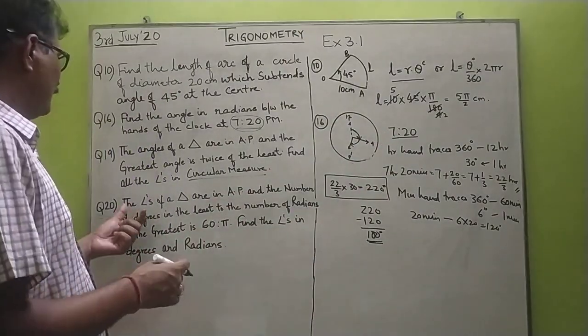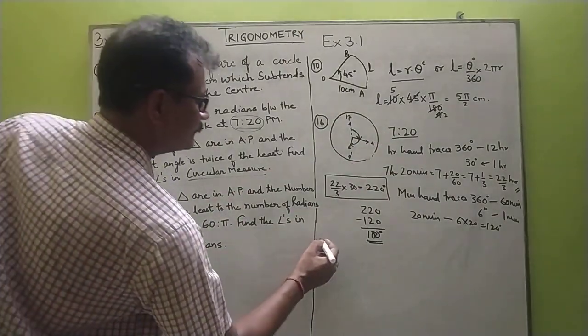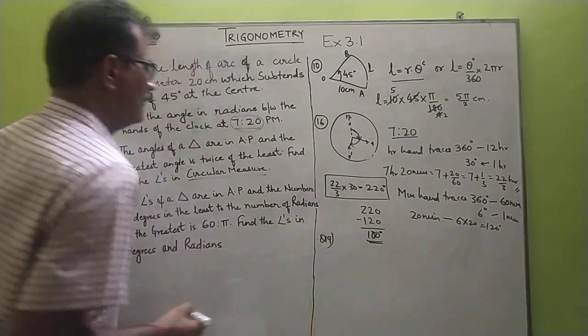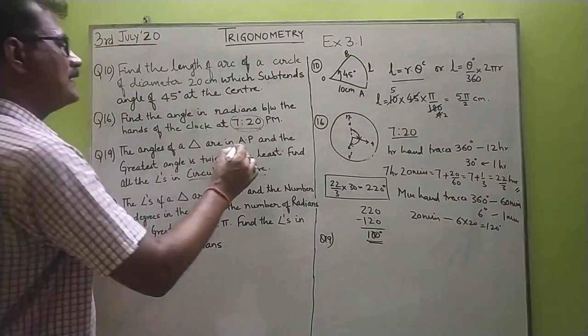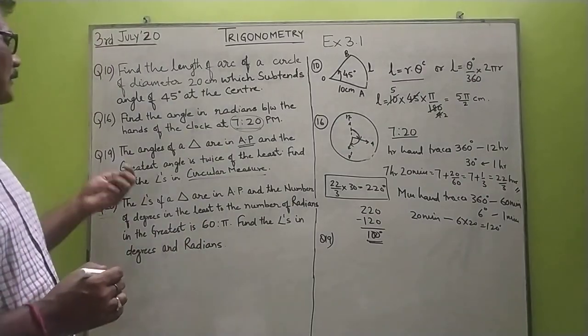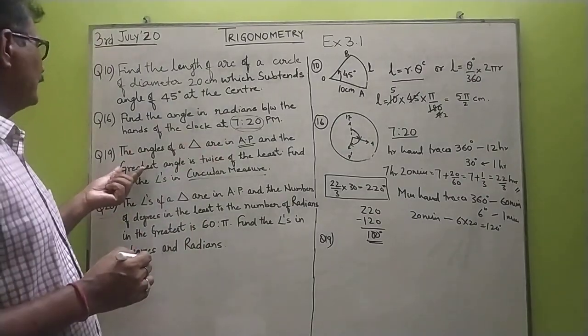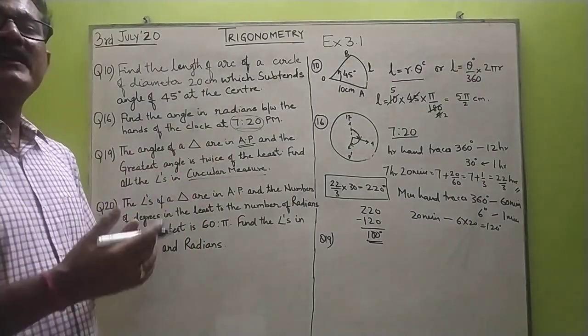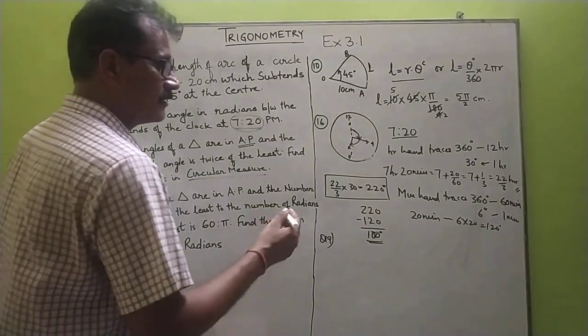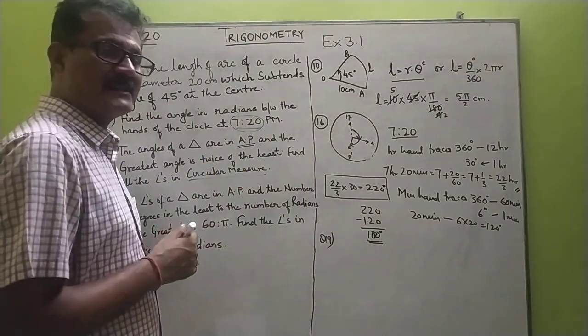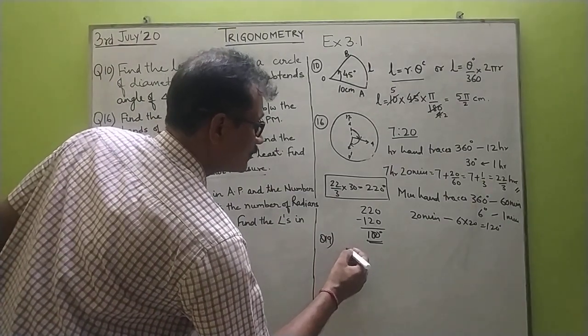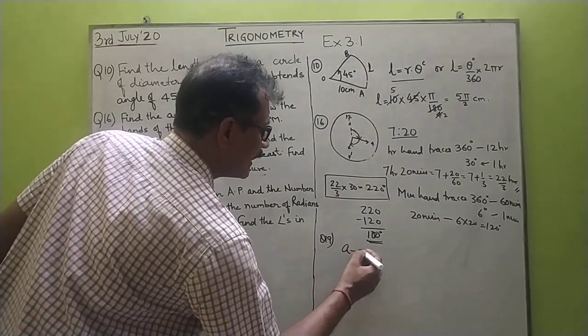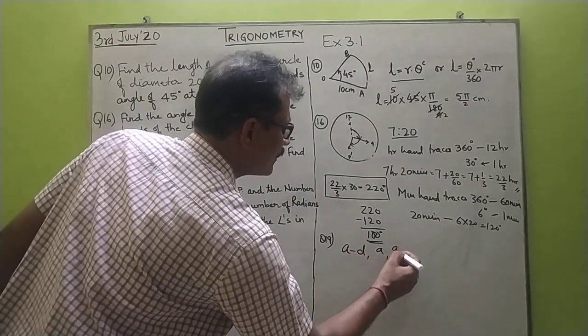Now, question number 19. This question is based on AP series, and it talks about 3 angles of a triangle. Now, how do we take 3 terms of AP in general while solving such sums? The 3 angles, or 3 sides or numbers, are taken as a minus d, a and a plus d.